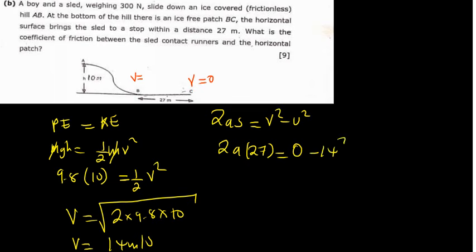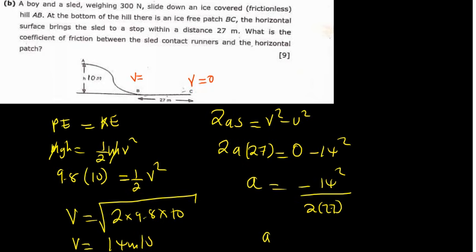So using the equation of motion, let's find the acceleration for it to move from the point B to the point C. So that would be 2a, the distance it travels is 27, and that would be equal to final velocity is going to be 0. The initial velocity, that is the velocity at B, is 14, so we square that. So therefore the acceleration is just going to be negative 14 squared, and then we divide by 2 multiplied by 27, because we want to remain with a alone.